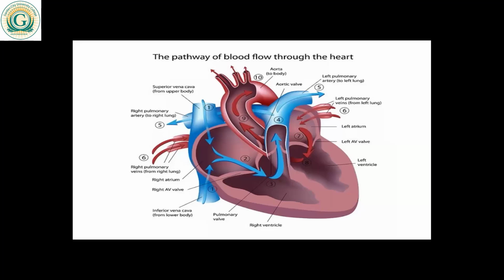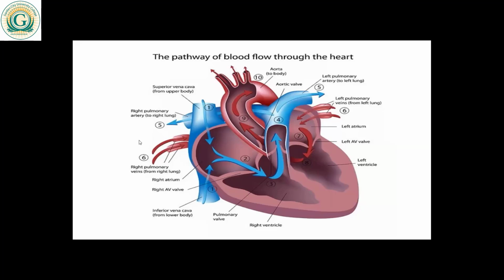From the right atrium, it moves to the right ventricle. Then from the right ventricle, it passes through the left pulmonary artery and then the right pulmonary artery into the lungs, where it is then oxygenated or mixed with oxygen.